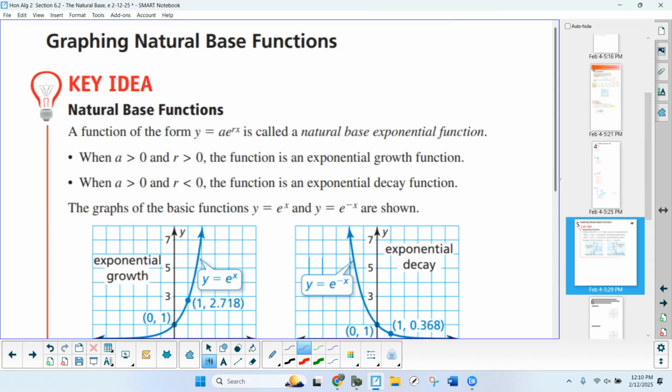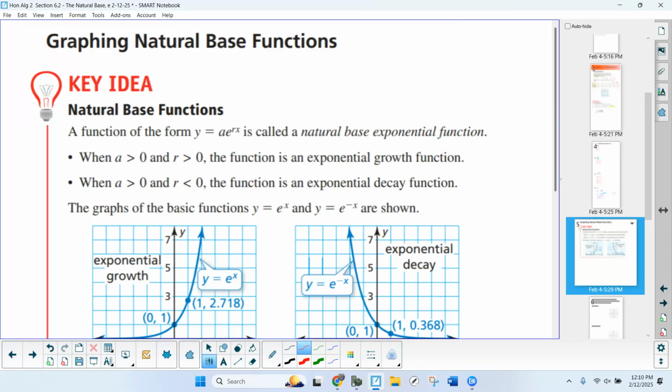Well, let's look here. We have the function in the form y equals a e to the rx, called a natural base exponential function because the base of my power is the natural base, okay? When a is greater than 0, just means when a is positive, and r is greater than 0, when your exponent is positive, it's a growth.